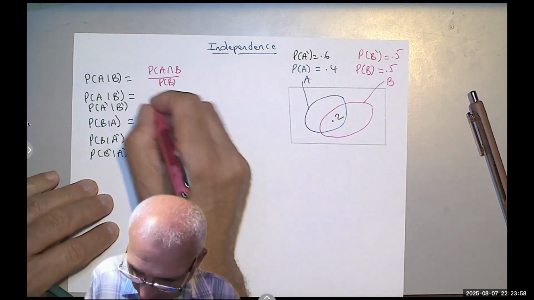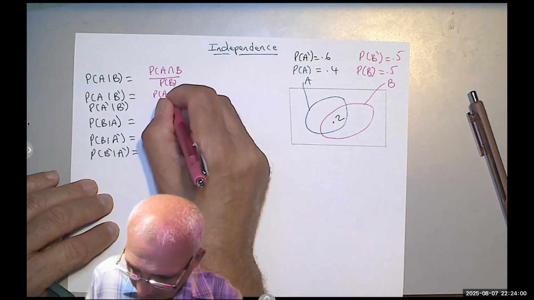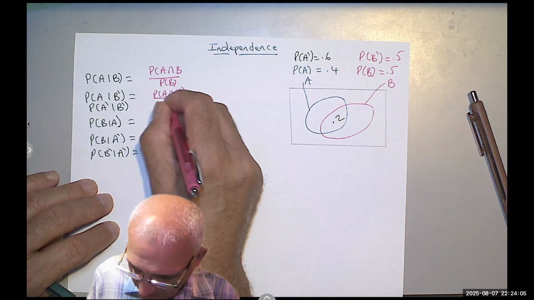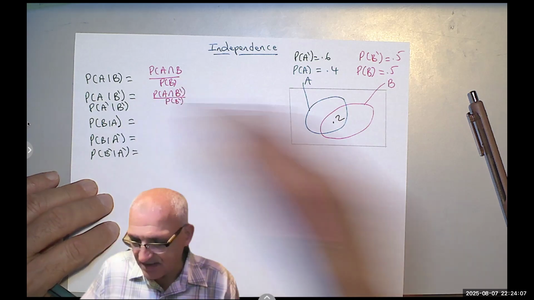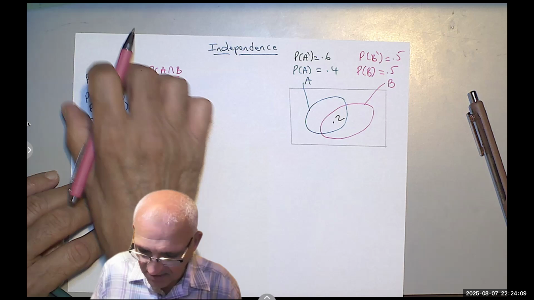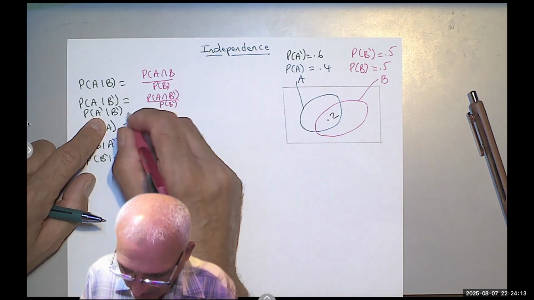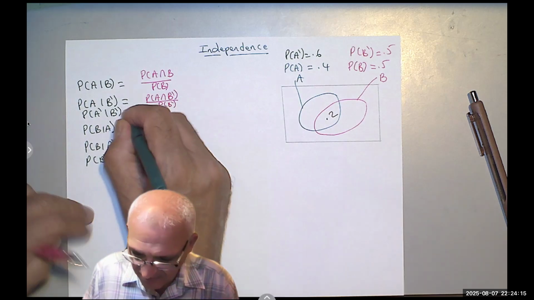So, probability of A and not B divided by the probability of not B. In fact, I should have written it on the same line because I wasn't planning to write those here, so I don't want them to be very crowded.